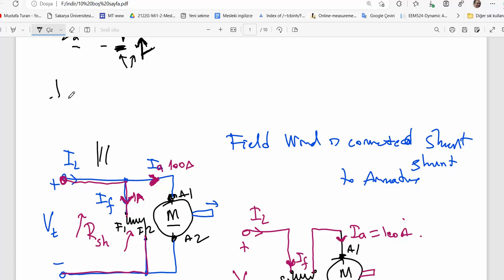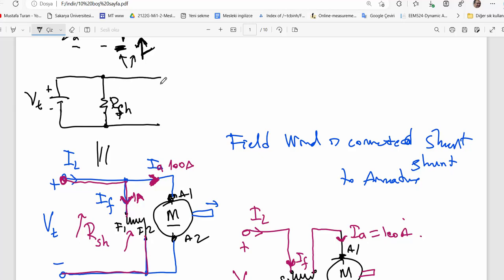Here is, let's say, VT, a voltage source, plus and minus, and then here is the resistance of the shunt field winding. In fact, there is inductance of this coil, but we only deal with steady state operation of machines, so there is no need to use inductance. There is no effect in steady state. And here is the armature, having armature resistance and armature EMF, plus and minus.